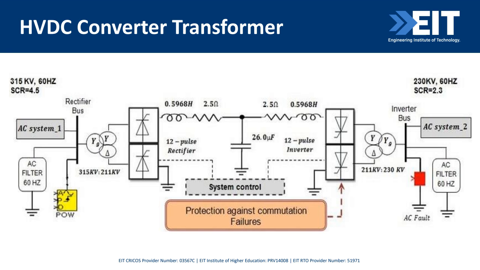And then at the receiving end, same, we have a converter station with the valve bridge and the transformer, and then the AC bus to take the power away. So that way we can have HVDC transmission.